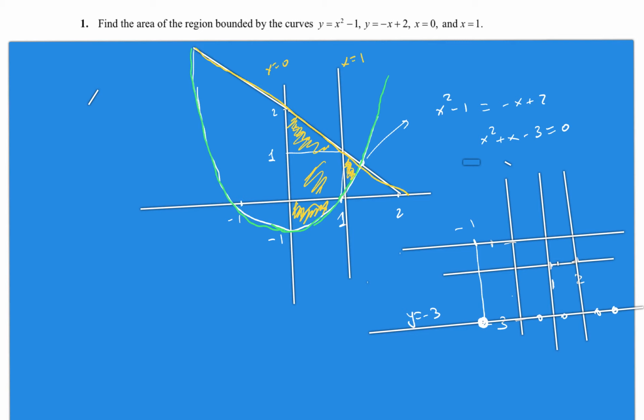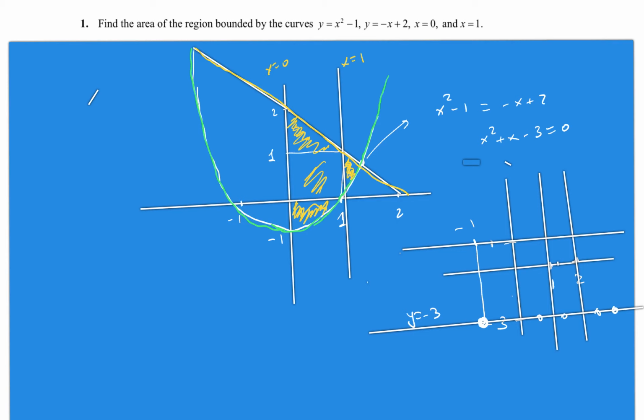We said you need to draw the regions because you need to know which are the upper and lower functions. The upper function is this one, the straight line. What is the lower function? The lower function is the parabola.